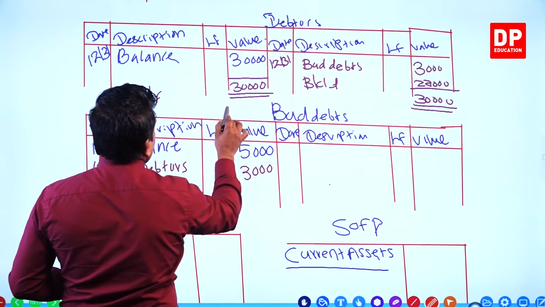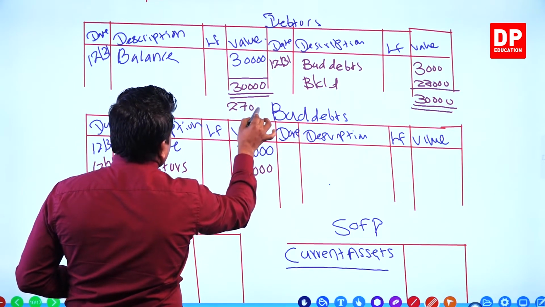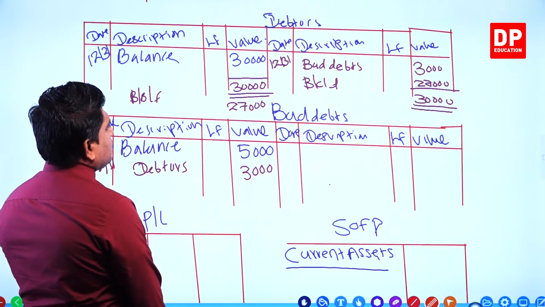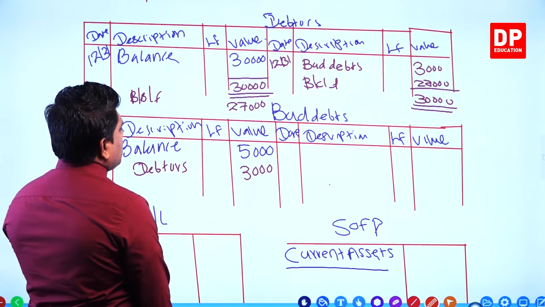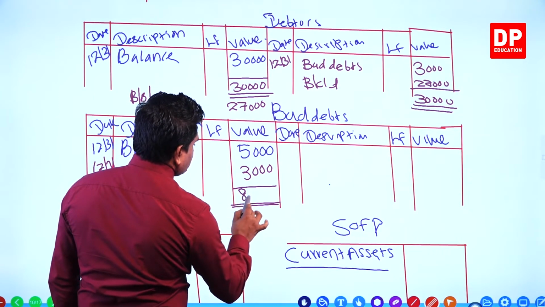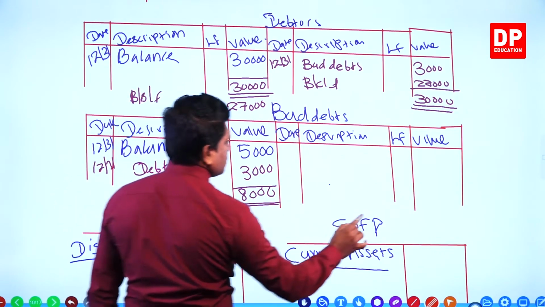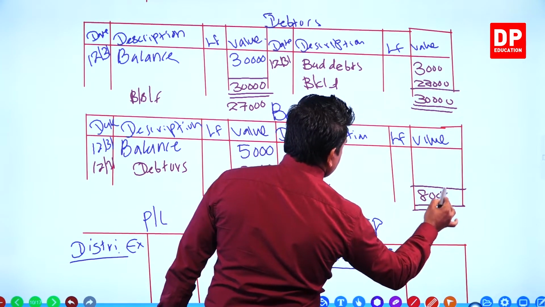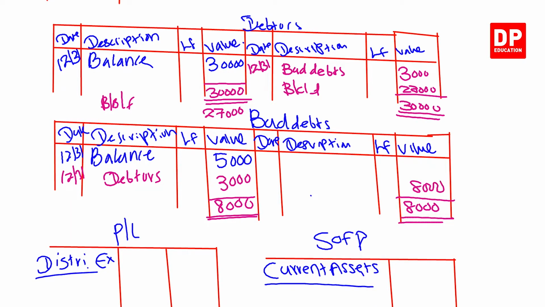It goes to the current assets category, 27,000. Right? How much is the total bad debts? 8,000. Right? It goes to profit and loss.